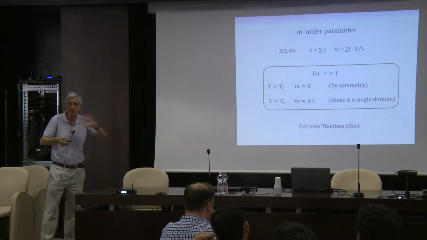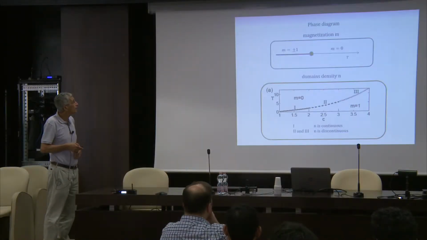The number of up domains is equal to the number of down domains. There is no correlation between them. On the other hand, if T is less than Tc, then there is a single domain. So it's either this or that, and you get M equal to 1. So it's a really extreme Thouless effect. That's what I called here the extreme Thouless effect.